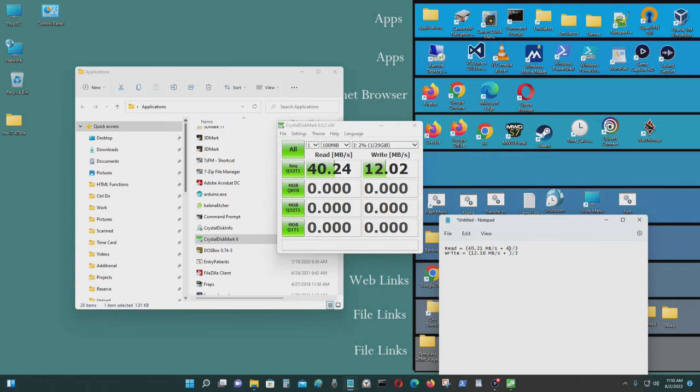So the next one I got was 40.24 megabytes per second, and that's 12.02 megabytes per second. And I'll be testing it one last time and get an average.